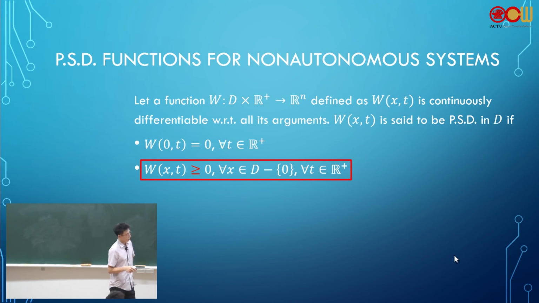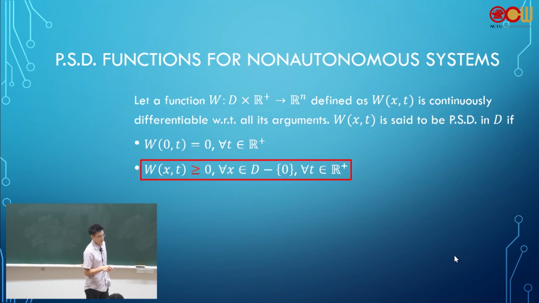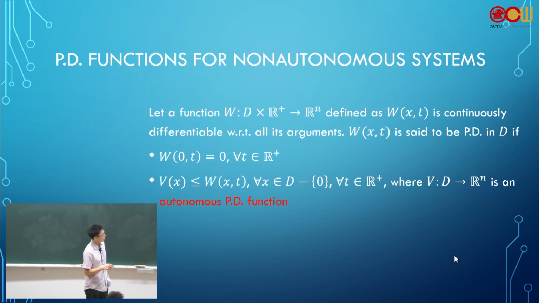In contrast, for PD, the only difference is that here 0 is the lower bound, but for the function to be PD, we replace the lower bound from 0 to a positive definite function V. Then we call W a PD function for non-autonomous systems.